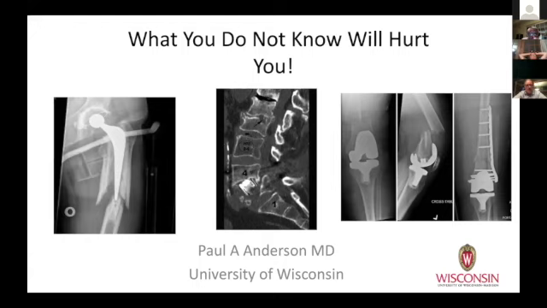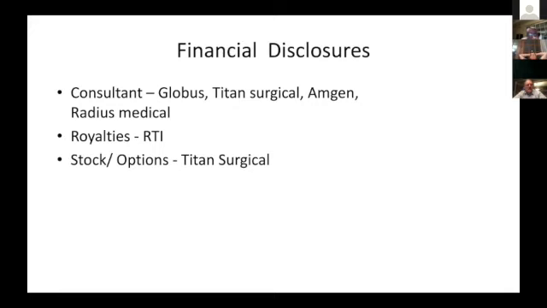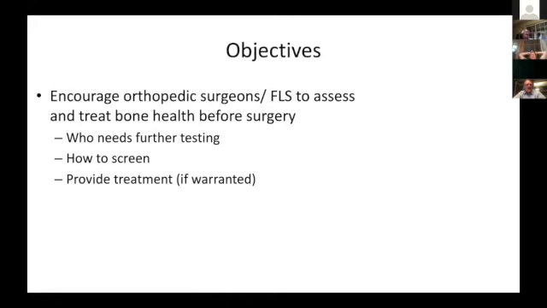that occur. I have a number of financial disclosures, but none of them really are going to affect what I'm going to say here. The objectives are to encourage orthopedic surgeons, but particularly FLS programs or endocrinologists and other physicians who care for bone health, to treat the elective orthopedic surgery patient.